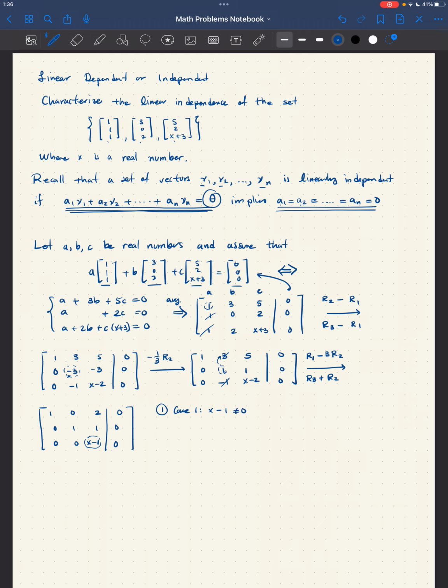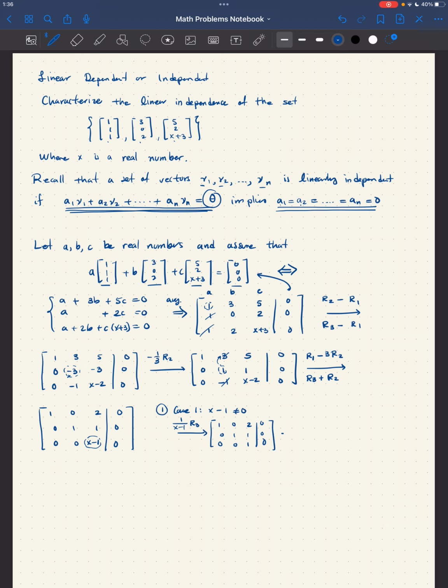In that case, the reduction process is going to continue in this fashion. Just multiply row number 3 by the reciprocal of x minus 1. That will turn into 1, 0, 2, 0, 1, 1, 0, 0 over here, 0, 0, 1, 0.